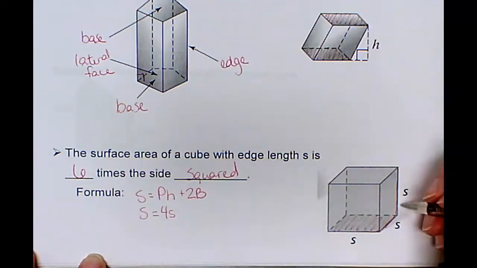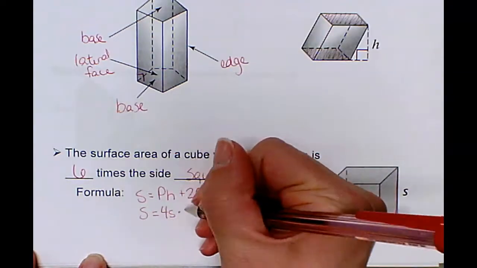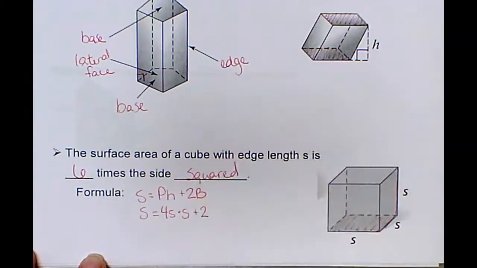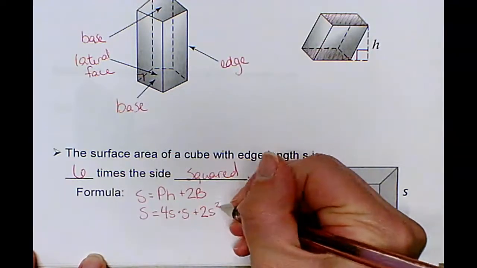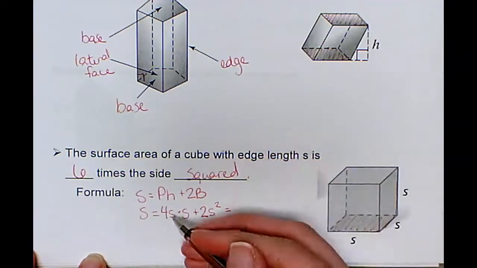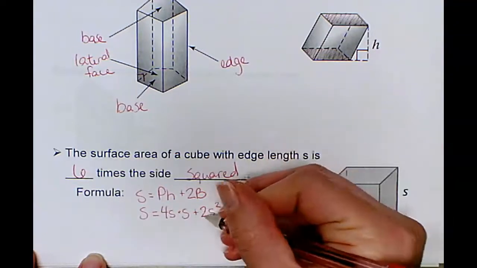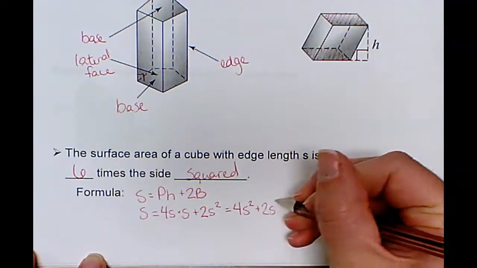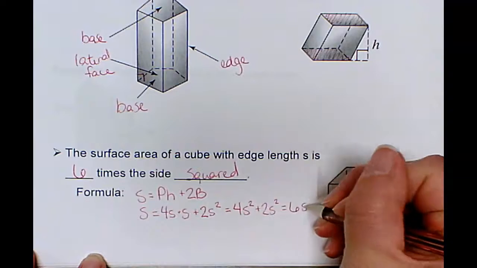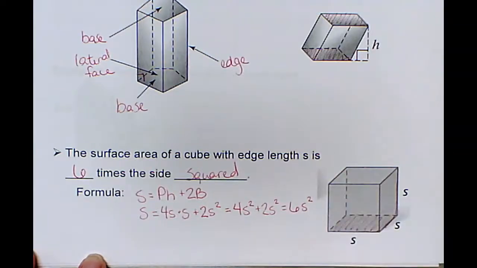The height is S, plus 2 times the area of the base, which is side times side, that's side squared. So we have 4 times side, plus 2 side squared. So this is 6S squared.